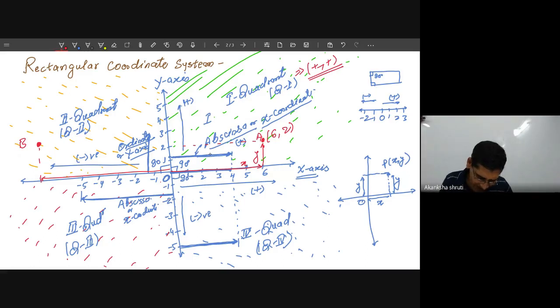After moving along the x-axis, we have to move along the y-axis. So x is negative in this case, but y is positive. Therefore, the sign of this quadrant is negative, positive.